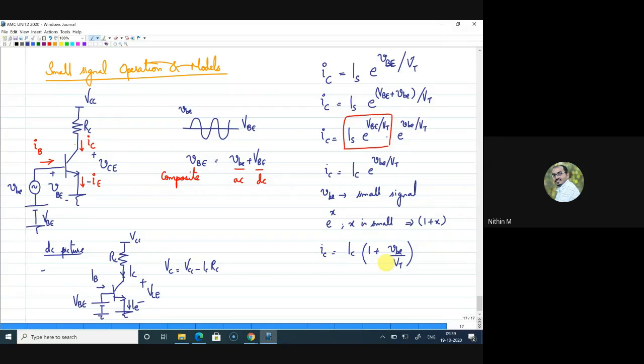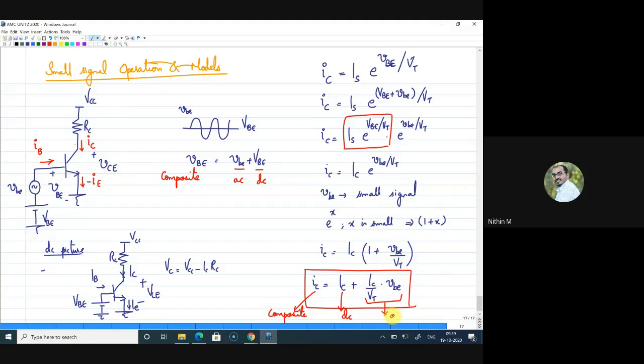So how will I write this further? I can write iC as capital IC plus capital IC by VT into vBE, which is a very important relation. What I have written here is that iC, the composite current, is equal to the DC current plus the other component.